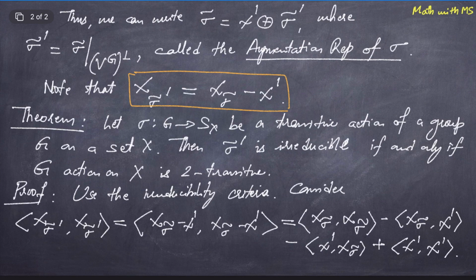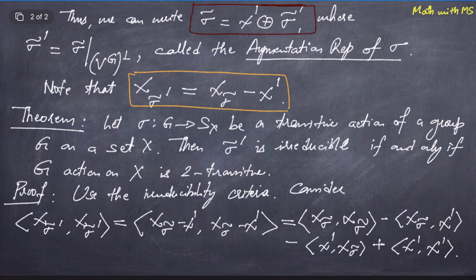Now observe here, chi1 is a trivial character, one dimensional, and therefore this inner product is just 1. Chi1 is a trivial character, and therefore the inner product of chi1 with chi of sigma tilde gives precisely the multiplicity with which chi1 appears in sigma tilde, but that we know.